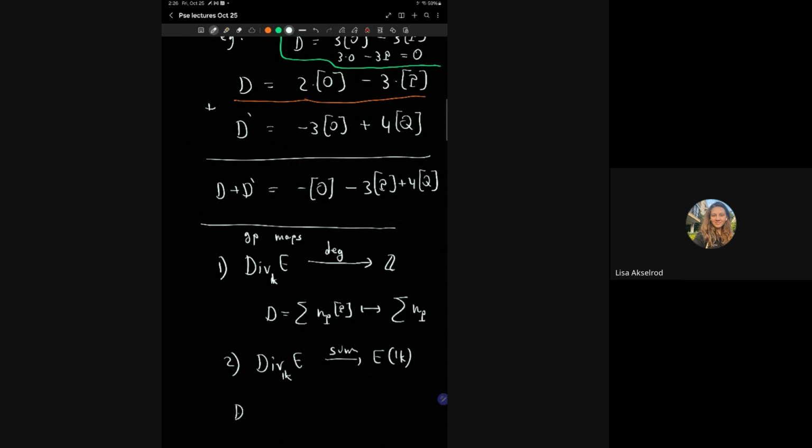I have D as sum of n_P bracket P, and I send it to the sum of n_P times P. This is meaningful in the elliptic curve, right? Because you can always do an integer times a point in the elliptic curve, and you can sum points in the elliptic curve.